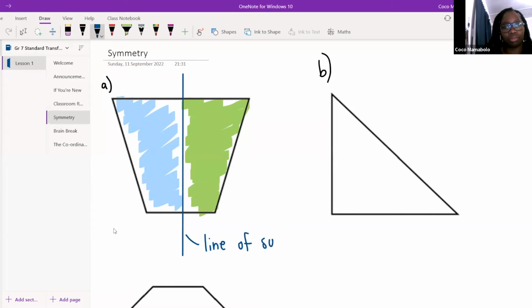And what a line of symmetry does is it cuts a shape in half. It doesn't have to be exactly vertical. It can be horizontal or diagonal. And it makes sure that this side over here looks exactly like this side over here.